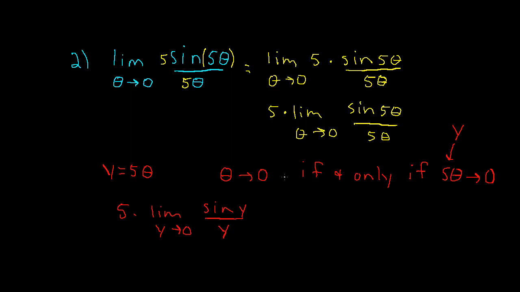If you just evaluated this to be 1 from here, you would have been correct. But I fear that if we miss a step and we don't see really why this equals 1, we'd miss out on an important exercise to do at least one time. So really what this is then is 5 times 1, and the whole thing is equal to 5. Okay, there you go.